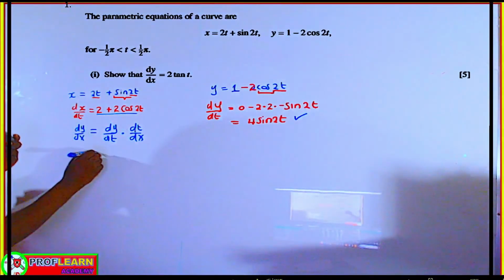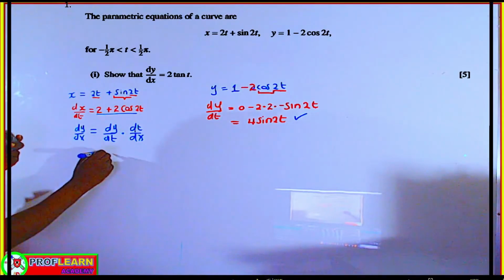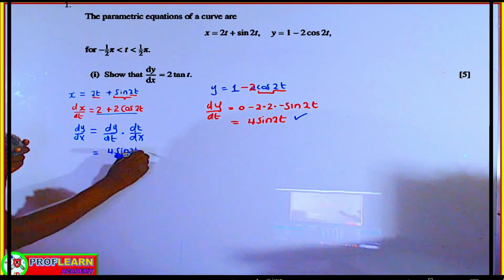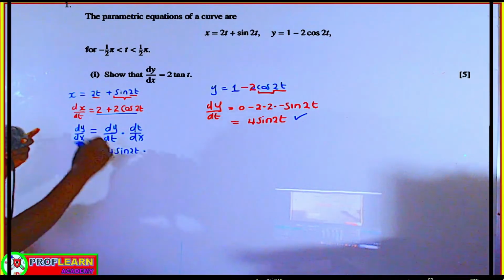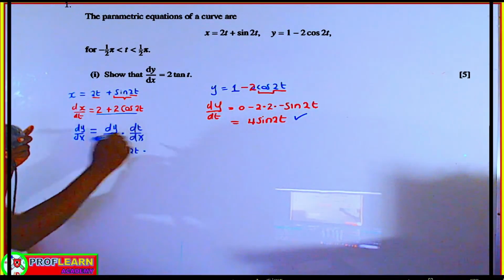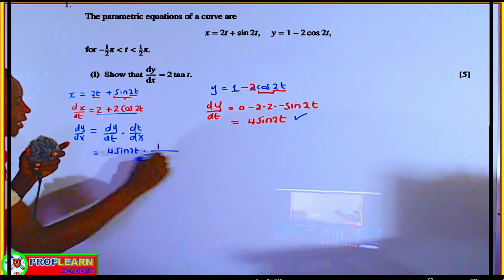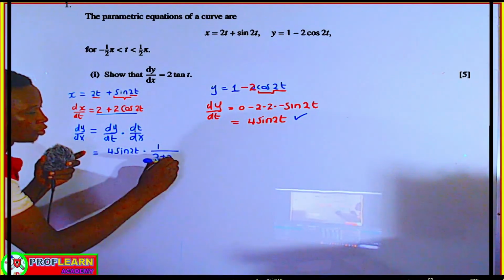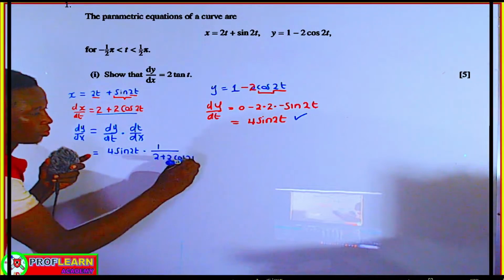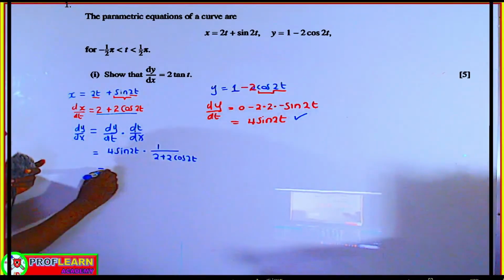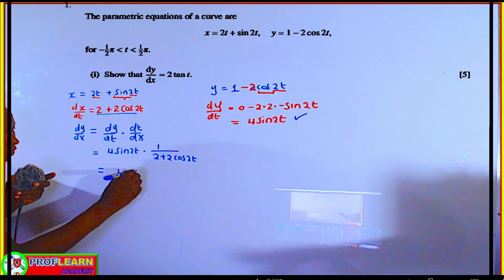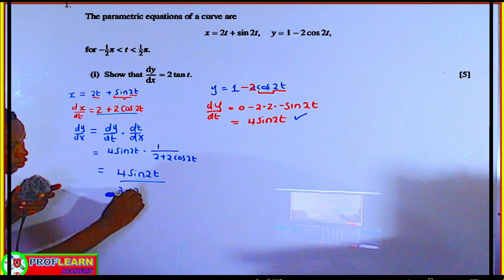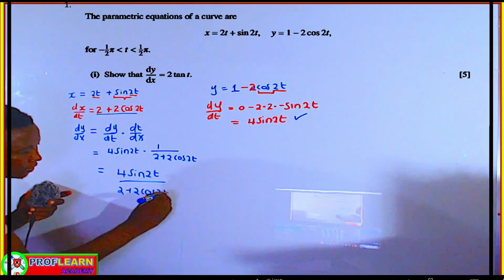So this is going to be equivalent to 4 sine 2t times dt/dx, which is actually going to be 1 over dx/dt. So this is going to be 2 plus 2 cos 2t, and this is going to translate to 4 sine 2t divided by 2 plus 2 cos 2t.